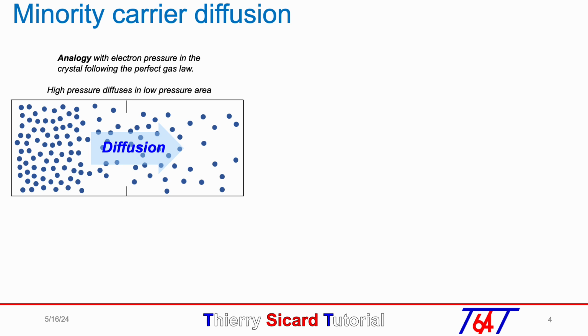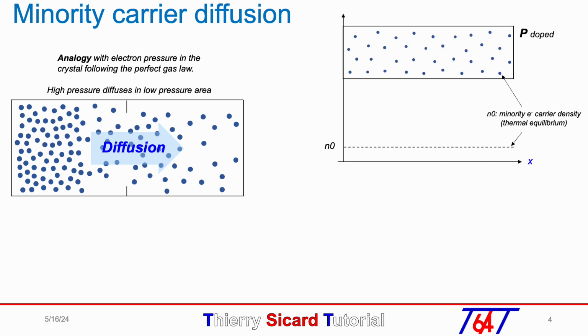Now we use a p-doped silicon bar with the electron minority carrier with a concentration per cubic centimeter of n0 at thermal equilibrium, represented by the dots in the p-doped silicon. If the silicon bar receives photon energy higher than 1.2 electron volt on the left side, the electrons will increase their energy to go into the conduction band, so the free electron density will increase at x equals 0 to n at 0.